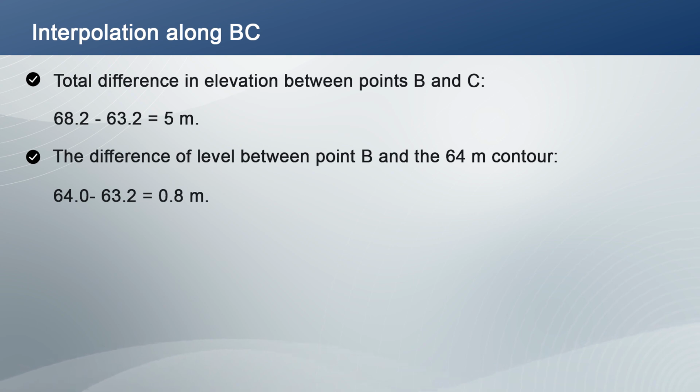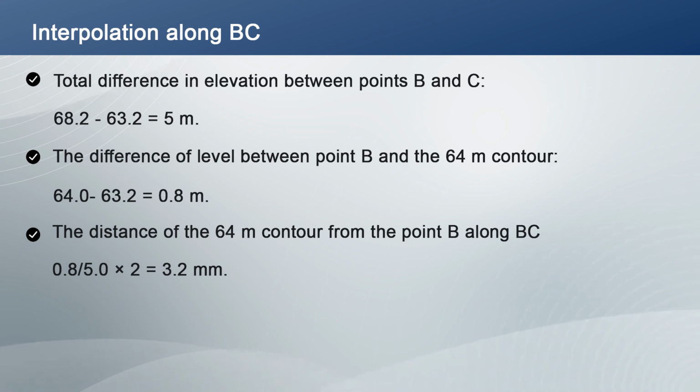The difference of level between point B and the 64 meter contour is 64 minus 63.2 equal to 0.8 meter. Hence, the distance of the 64 meter contour from the point B along BC is 0.8 divided by 5 into 2 equal to 3.2 millimeter.